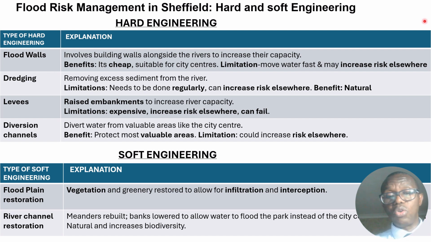Then the banks are also lowered to allow water to flow to flood park areas, for example. And obviously all this is at the same time increasing the natural beauty of the area and increasing its biodiversity.